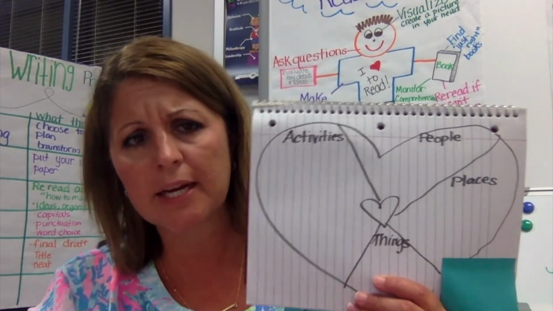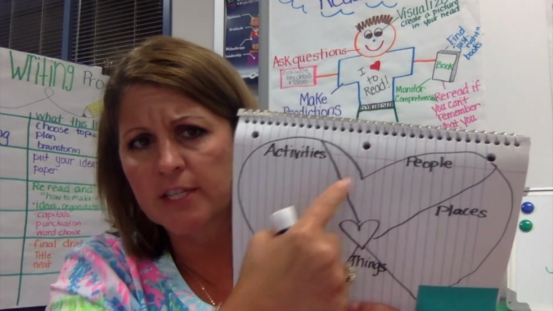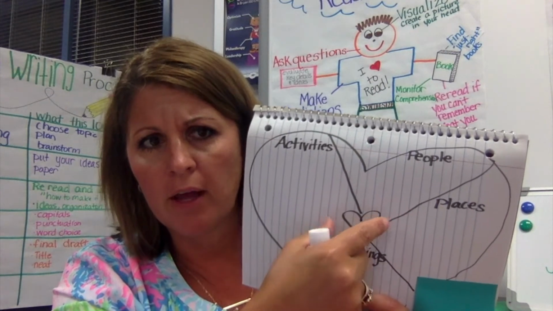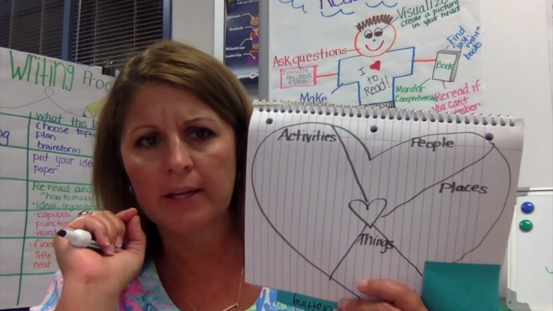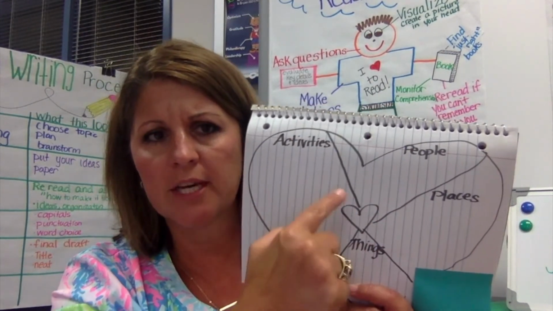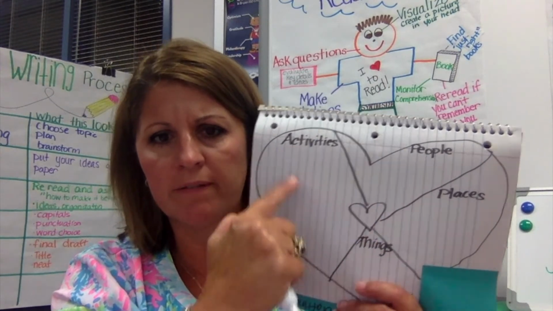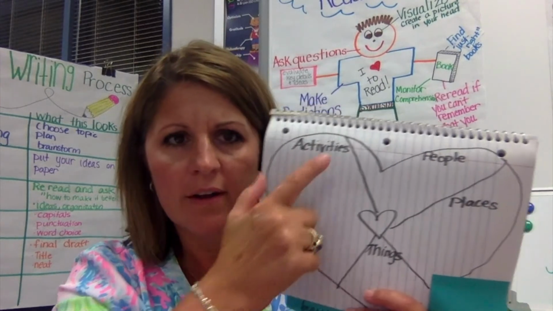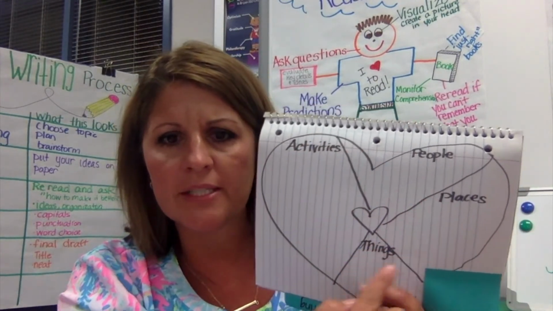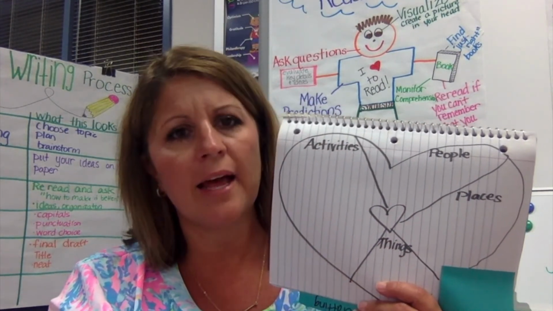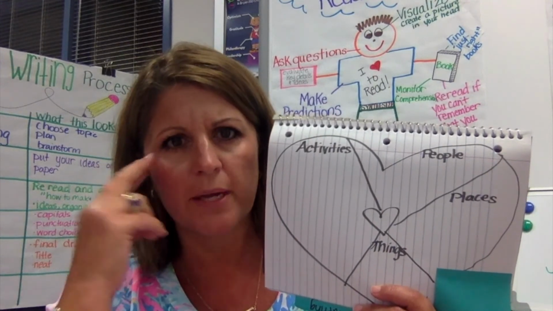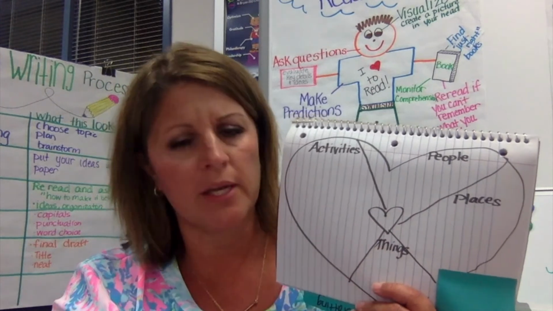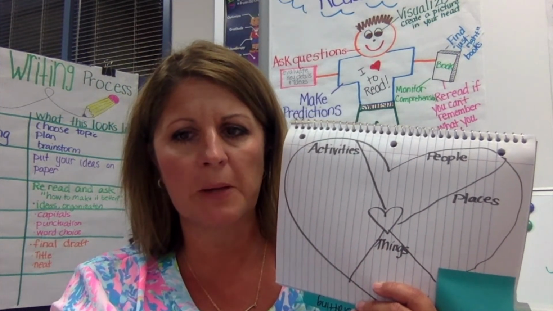Now, if yours doesn't look like mine, that's okay. Your sections can be bigger or smaller. Your people section might be bigger and your places might be smaller, and that's okay. Just have 4 sections and then label each one of these. Each section has a word, activities, people, places, or things. And that's just a symbol for me to remember. Those words help me remember what I'm going to put in those pieces. Okay?